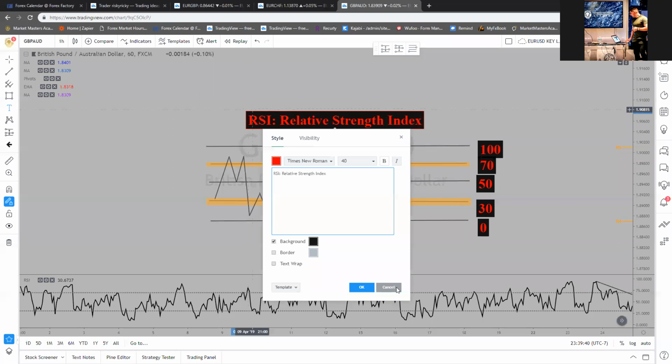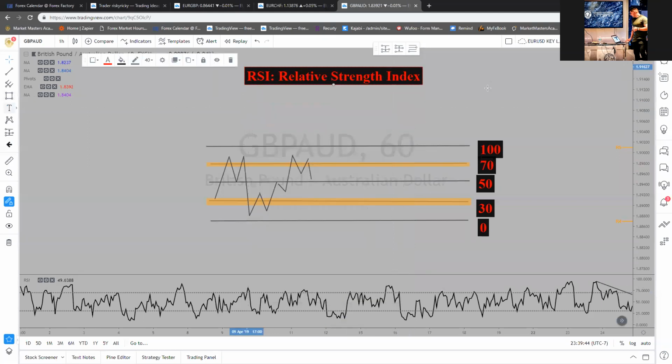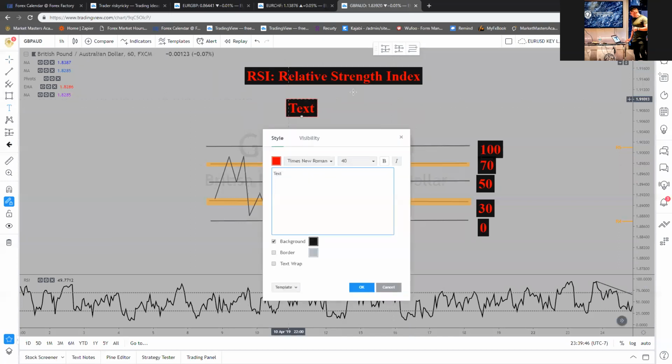Relative Strength Index. So Relative Strength Index is to help you indicate the strength or weakness of price.